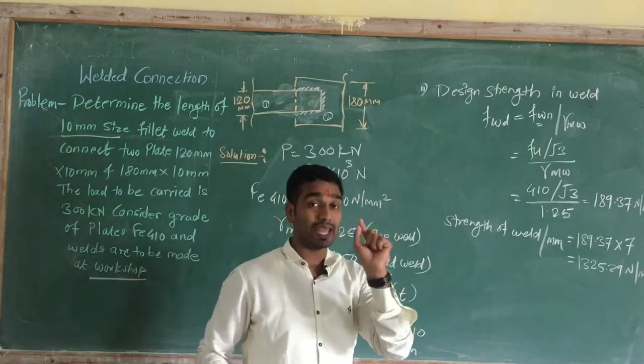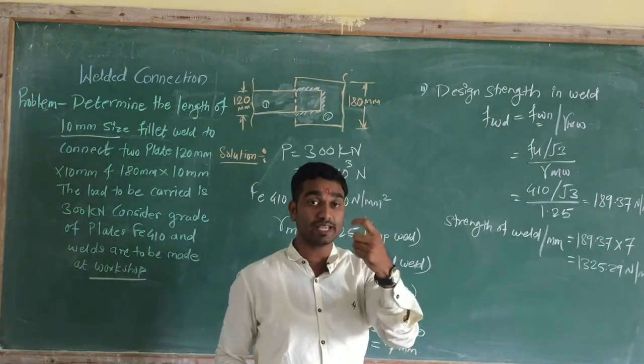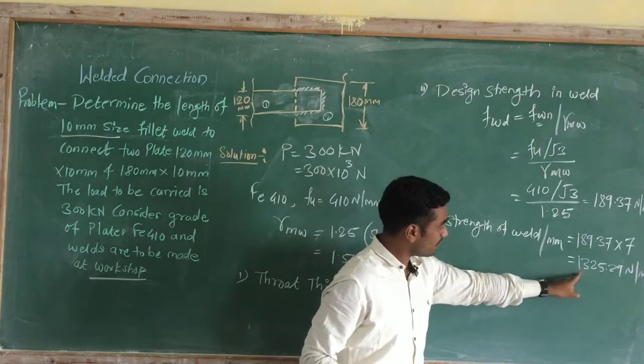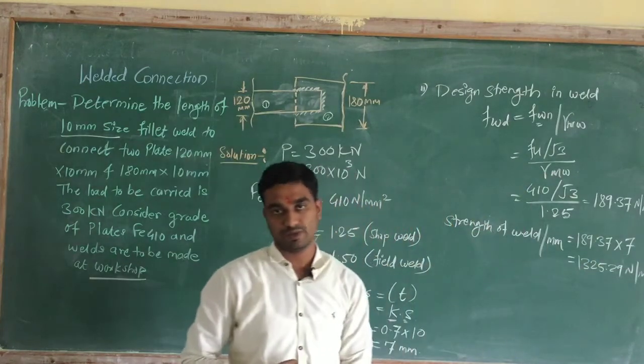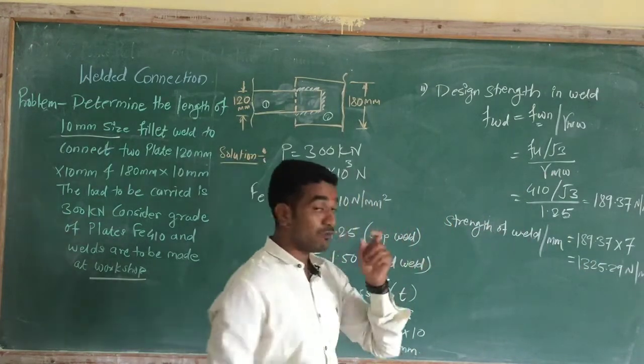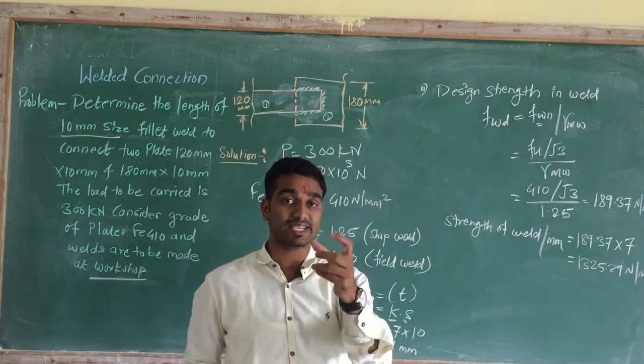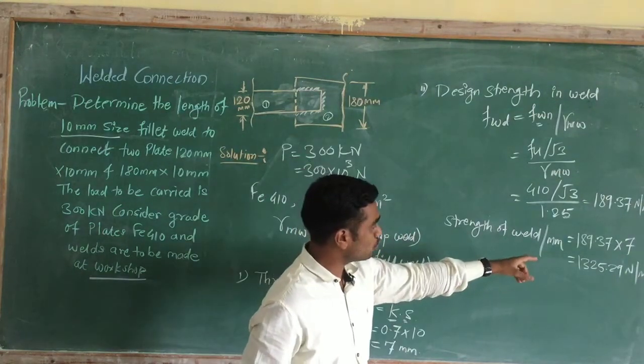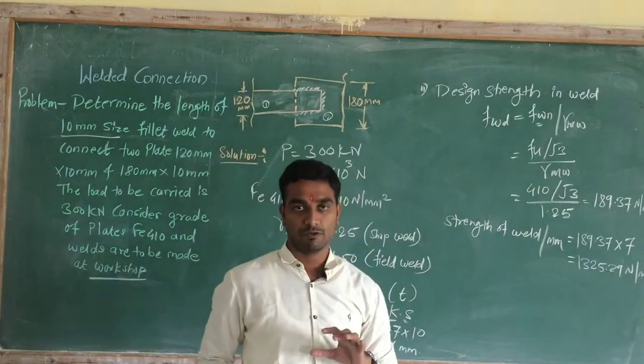It means 1 mm of welding is taking a load of 1325 newtons, nearly. 1 mm length of the weld is taking the load of 1325 newtons.